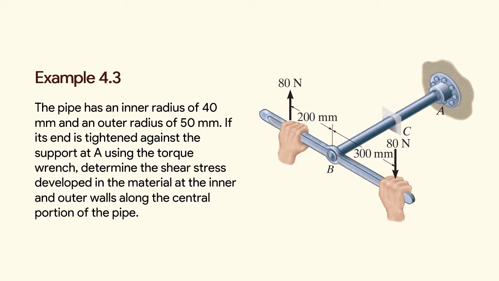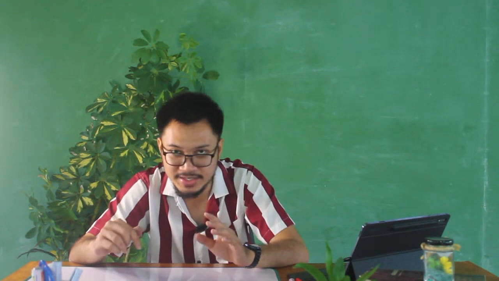End A is supported against the wall, and on the other end is a wrench, which is applied with a couple. So we have to determine the shear stress at C, at the inner and outer walls of the central portion of the pipe, which is at point C.